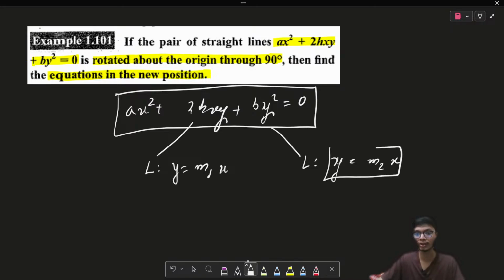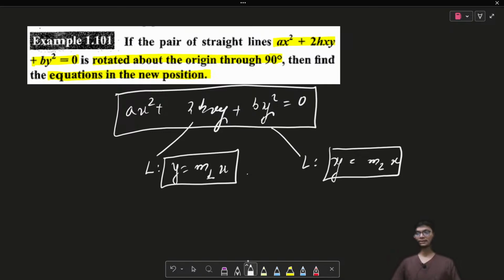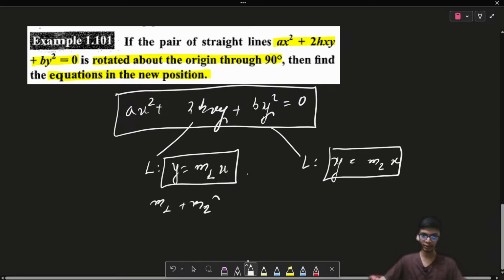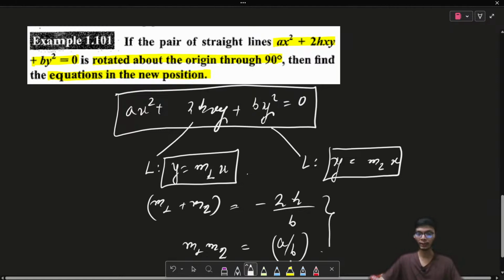So these are the two equations of straight lines passing through the origin. Now we have already seen the relation between the slopes, that m1 plus m2 is equal to minus h upon b, and m1 m2 is equal to a upon b, right? Building upon this, I can obtain the relation between the slopes of the two lines, right?